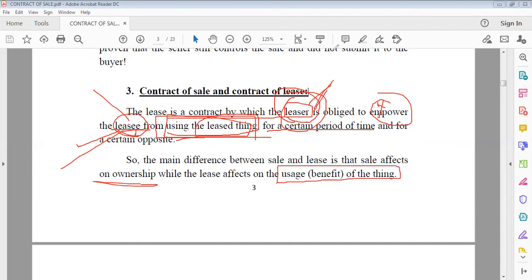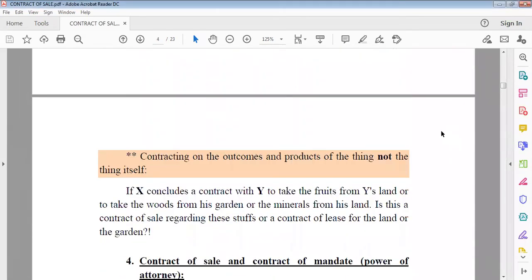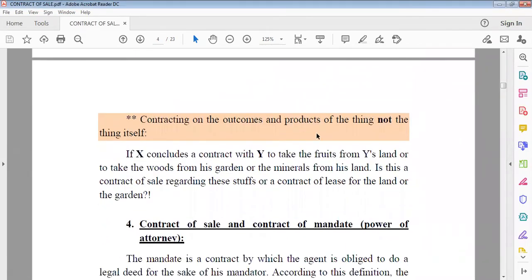So this is the main difference between the contract of sale and the contract of lease, that one of them is a contract regarding the ownership. It affects the ownership. However, the other contract only affects the using or the benefit of that thing.